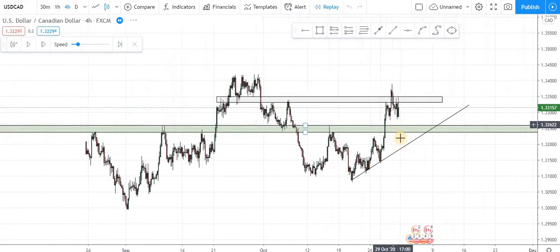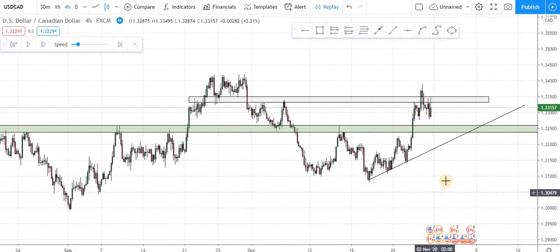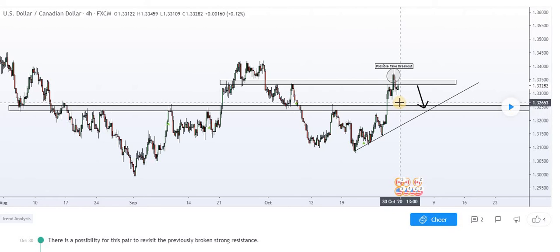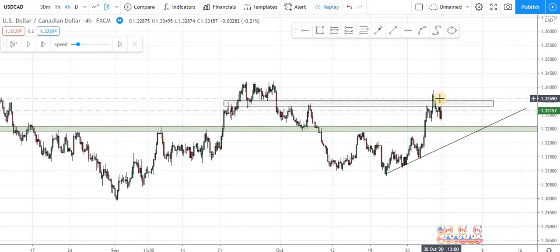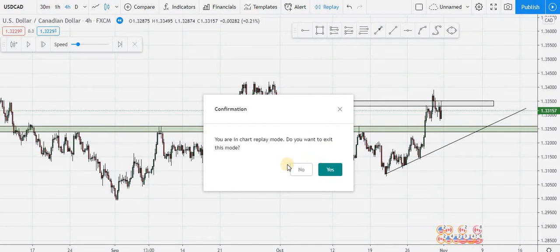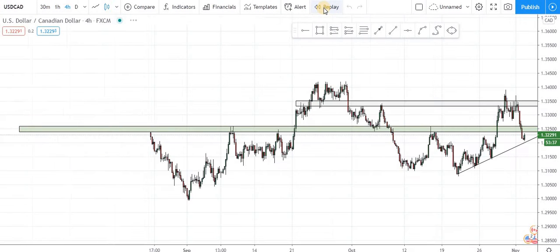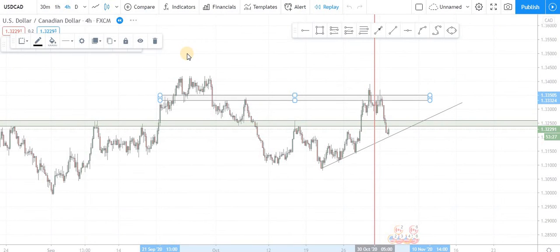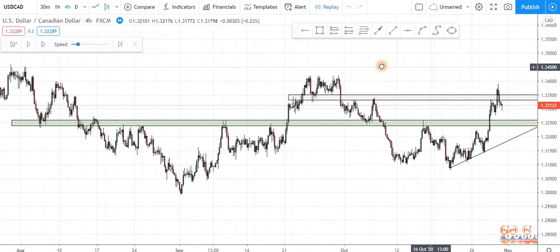This is where price was on the 30th of October, before the whole trade took place, somewhere here, at 5 a.m. Let's exit and make sure we get it right. 30th of October, 5 a.m. But price was sitting somewhere around here.